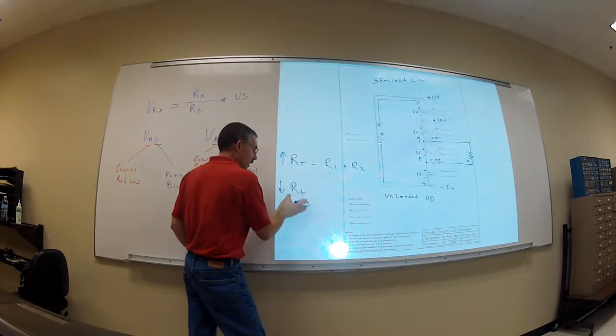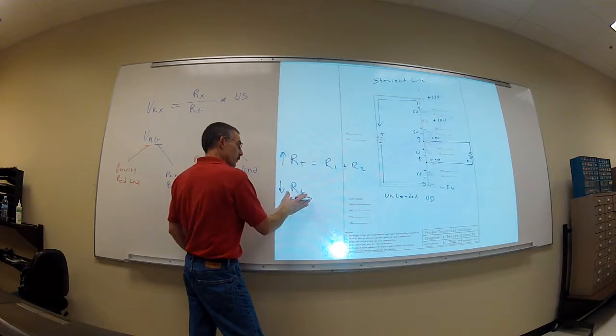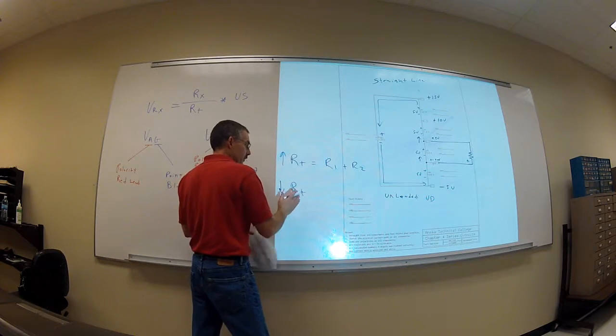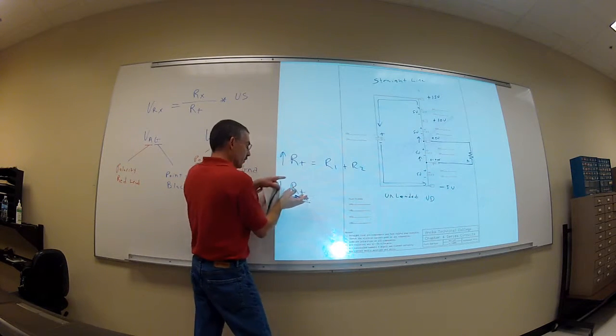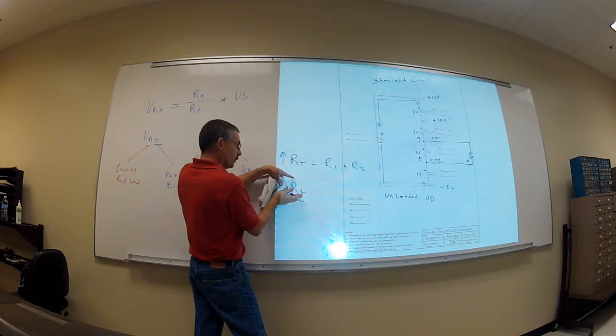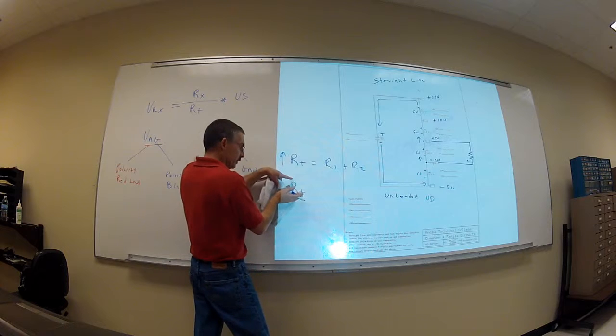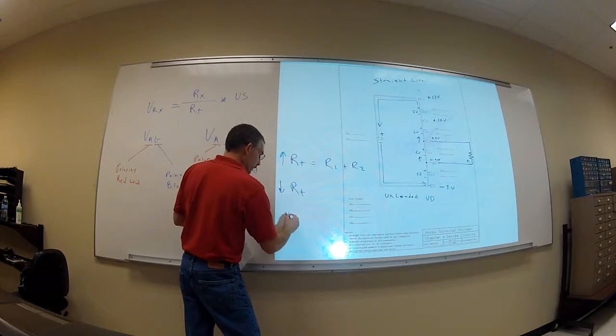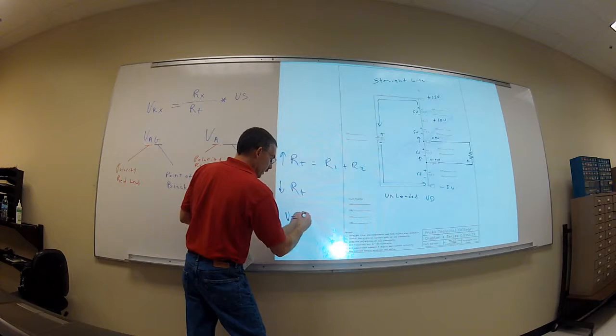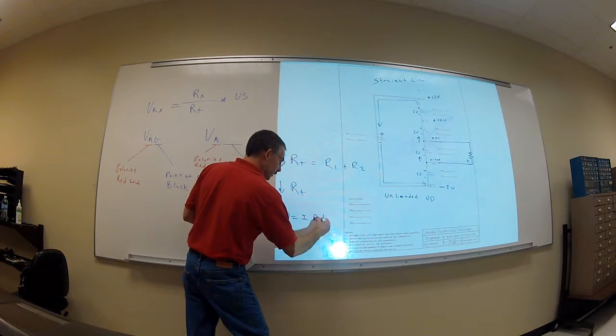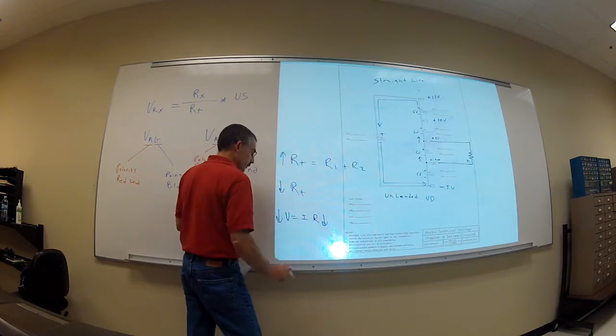Also, as my RT goes down, what's going to happen to my voltage going across that? If my RT starts going down, the voltage going across RT, assuming that's a series parallel circuit, is also going to go down because V is equal to IR. If R starts to go down, so does my voltage.